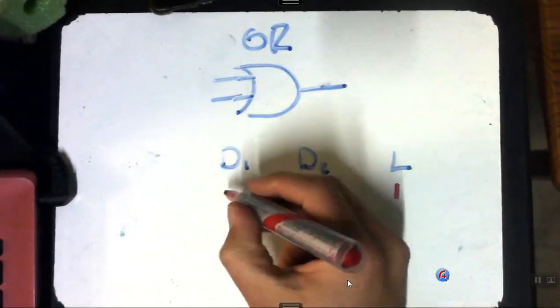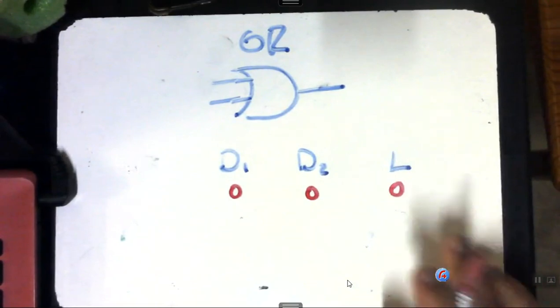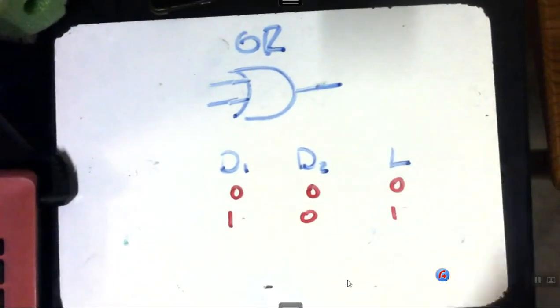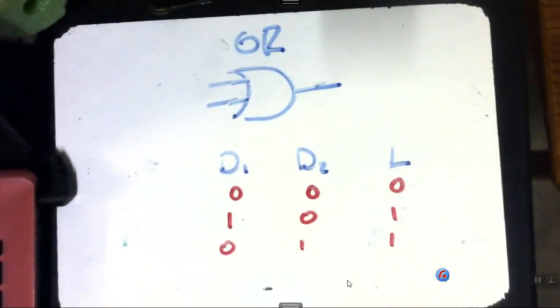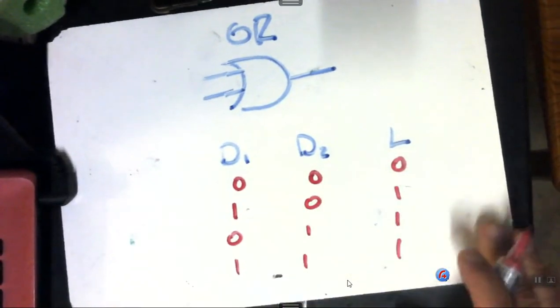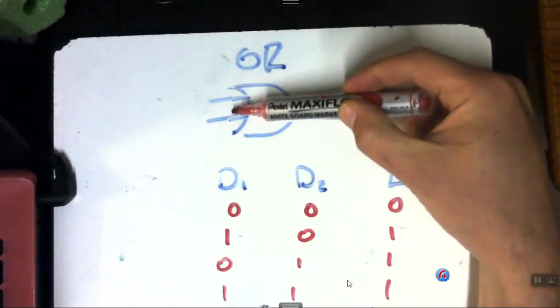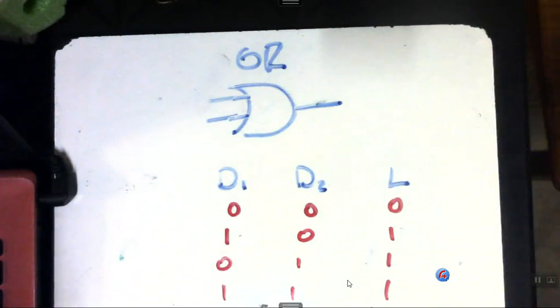If I have no doors open, the interior light is off. If I open the driver door, the light goes on. If I open the passenger door, the light goes on. If I open both doors, the light goes on. So the OR gate means either one or both will give me an output.